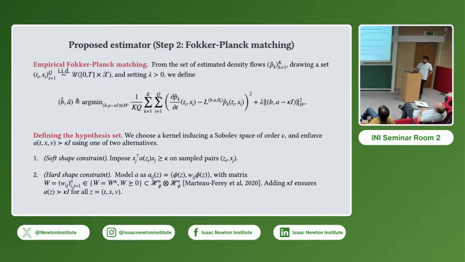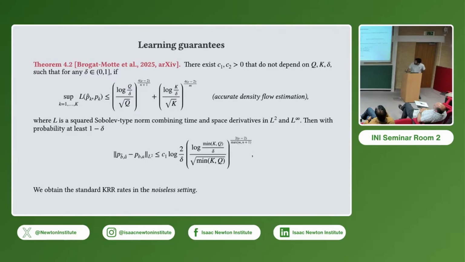A soft one, where you consider a finite set of points and you impose it. And a hard one, where I use a kernel-based model that preserves the good properties of kernel models and ensures that the model outputs only positive definite matrices. And so we derive the following learning.